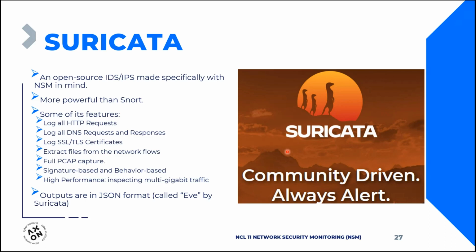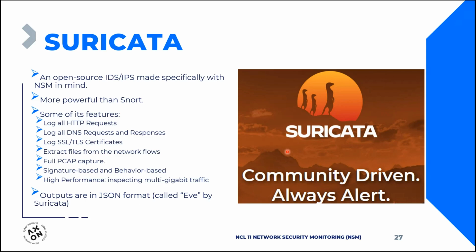Suricata was made as an IDS for network security monitoring. So it can sometimes capture full packets, but not all packets. Only certain packets it captures, if they are related to its alerts. It can log, for example, HTTP requests. It can log all DNS requests. It can extract SSL certificates off the wire and store them so you can view them.